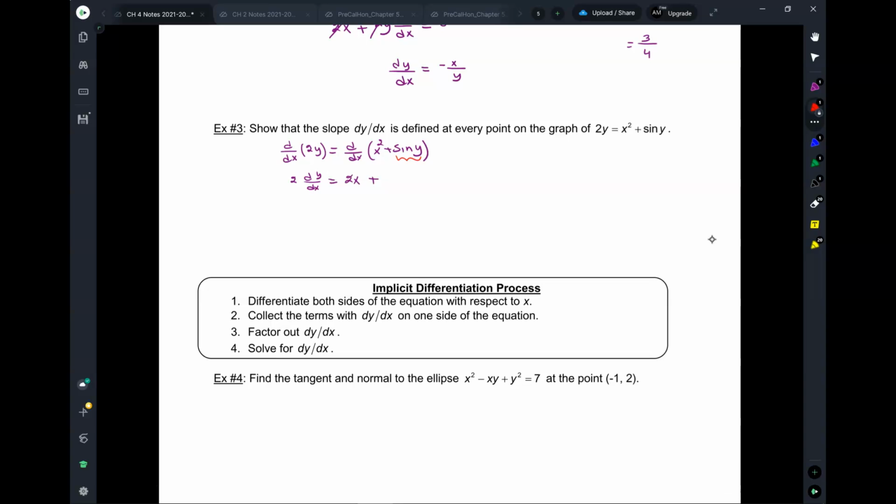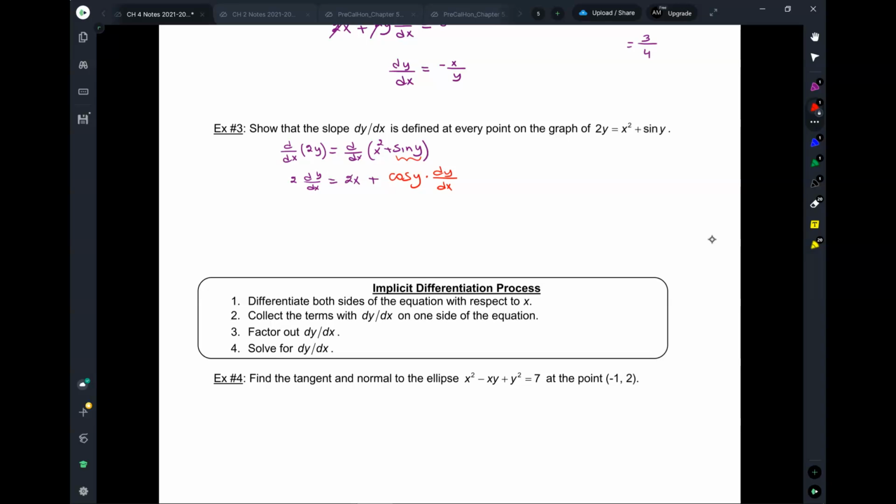Well, the derivative of sine is cosine, but because it's a y, I also have to do dy/dx. You see the pattern? And now we need to solve for dy/dx. I'm confused why you would do the dy/dx for the 2y if it would just be 2. If it was 2x, it would just have been 2. But since it's d/dx of y, you have to do the dy/dx.